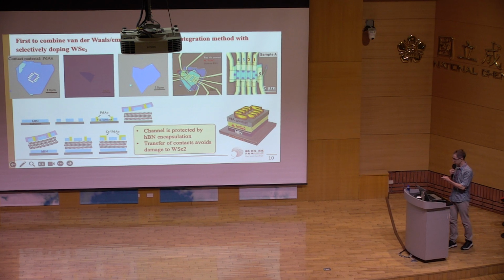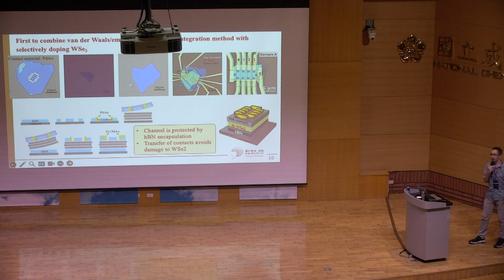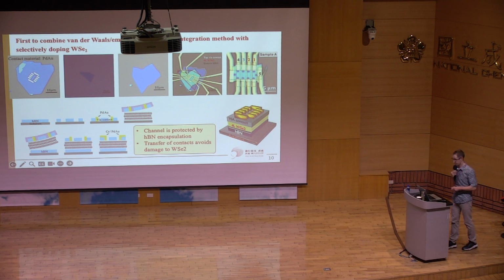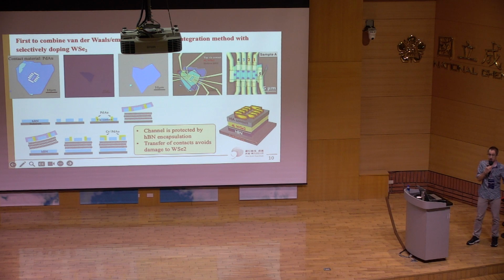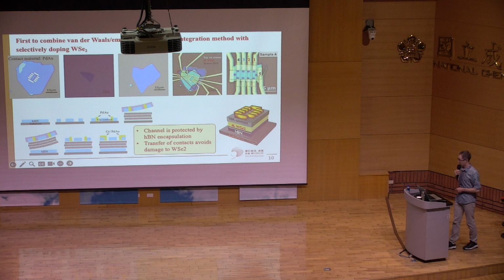And we also, importantly, protect the channel by using this pickup method, so that your channel isn't exposed to any contamination during further fabrication processes. So really, in the following measurements that I'll show you, think of these etched regions as extensions of your contact, or you could call them degenerately doped contacts. So it's a strongly doped semiconductor next to contact.